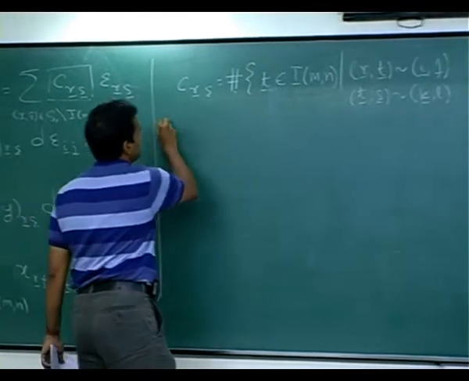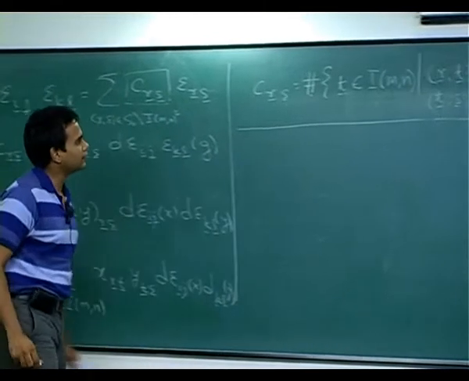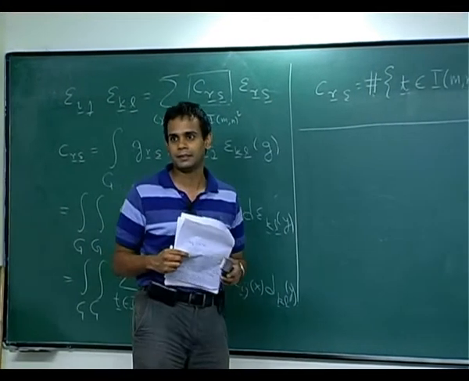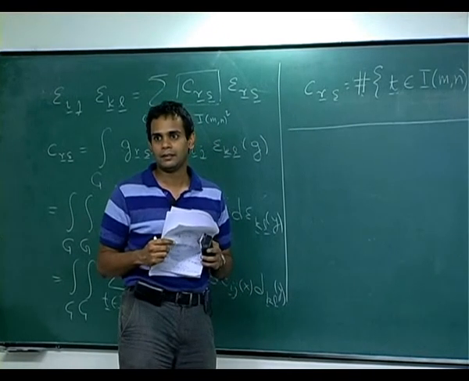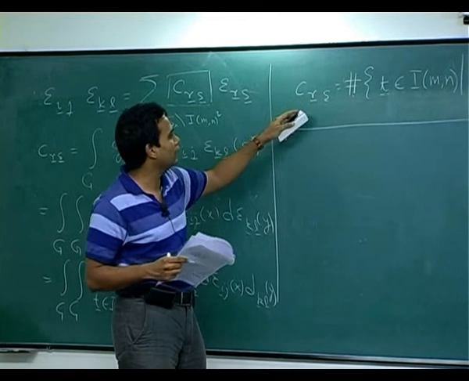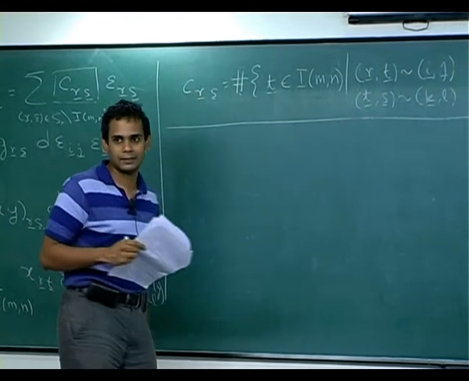Okay, let us just keep this aside for a moment and look at another structure where these numbers appear. So, these are the structure constants for the Schur algebra. When you multiply epsilon ij with epsilon kl, these are the coefficients of epsilon rs.